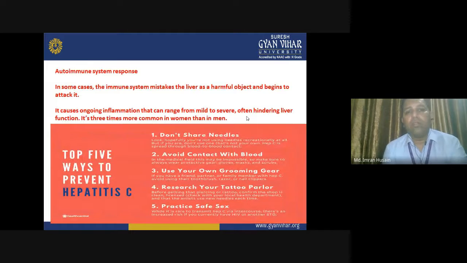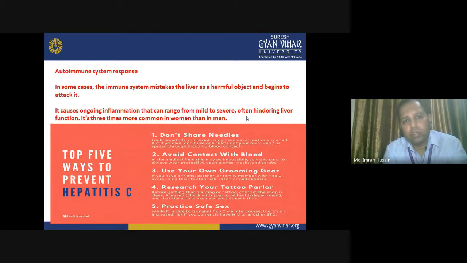Autoimmune response. In some cases, the immune system mistakes the liver as a harmful object and begins to attack. This is the autoimmune response, when your immune system is attacking your own organs of the body, and this condition is known as autoimmune disease.